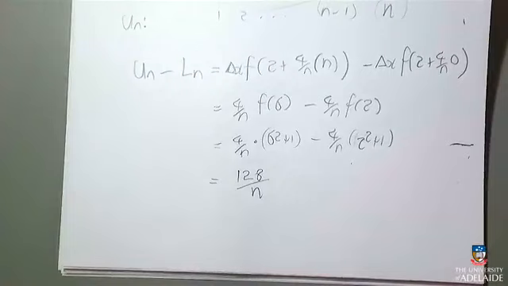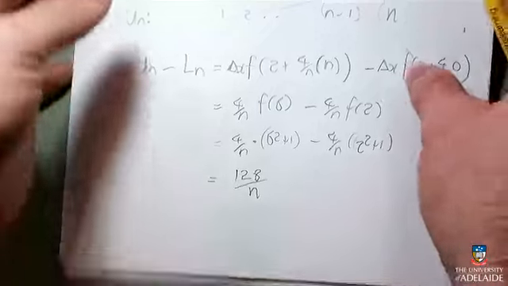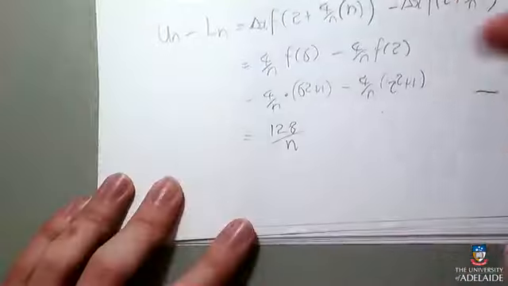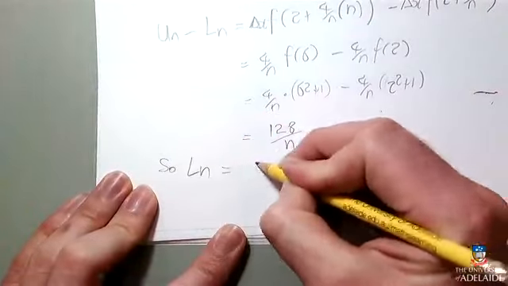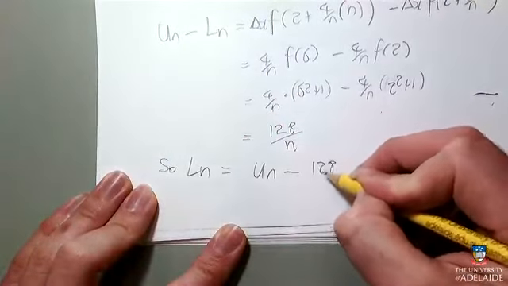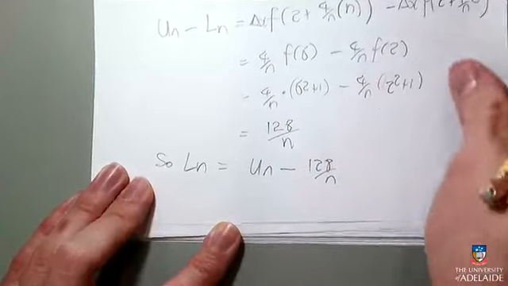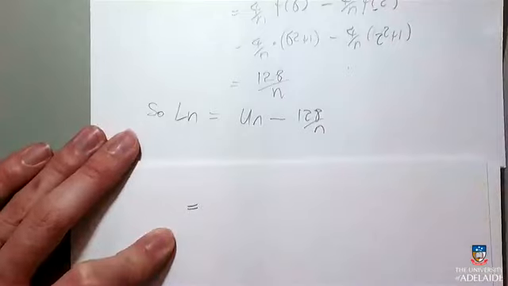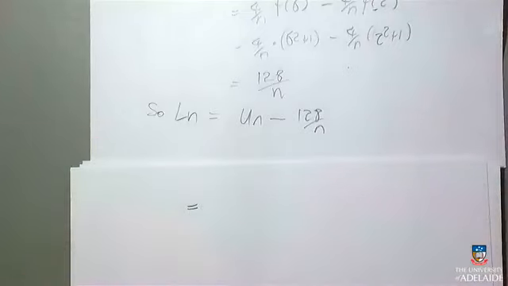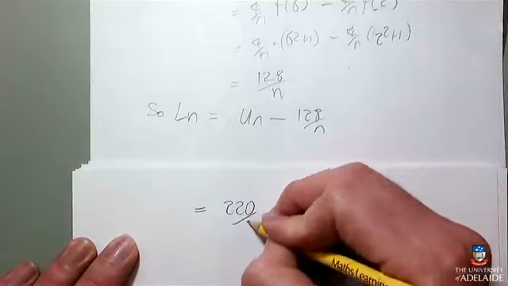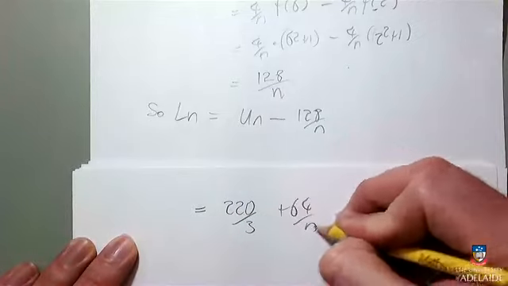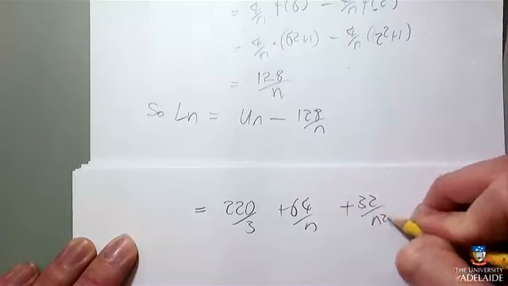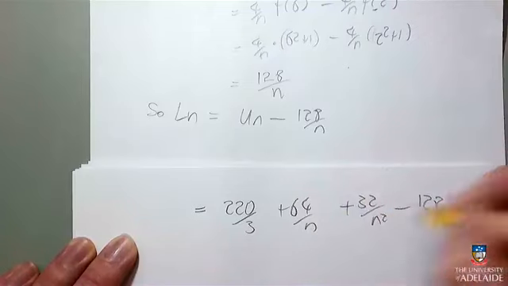Which means that since I know what Un is, I can figure out what Ln is. So Ln must be Un minus 128 over n, which is whatever Un was, 220 over 3 plus 64 over n plus 32 on n squared, minus 128 over n.